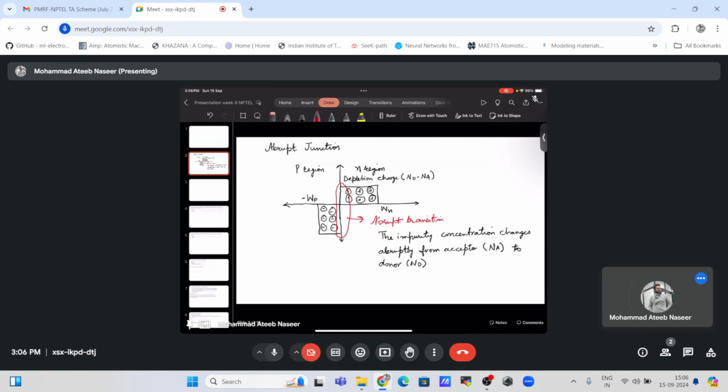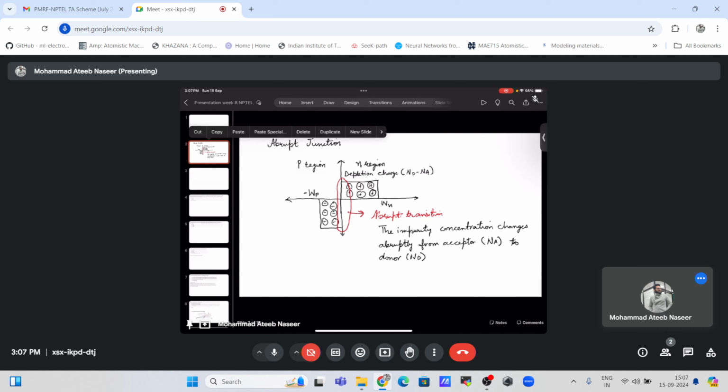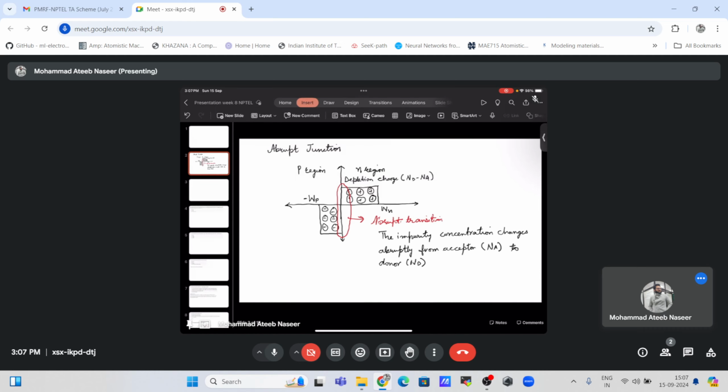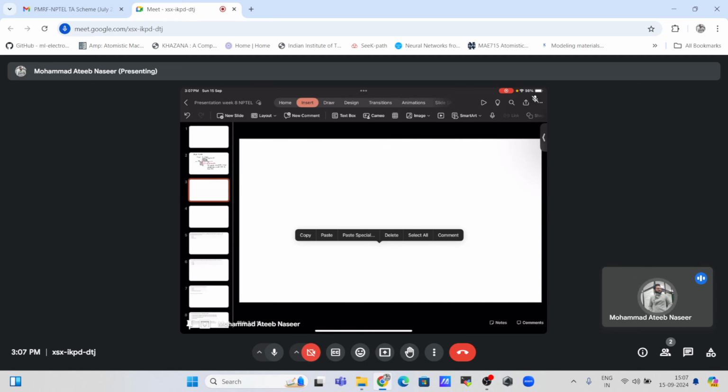Now this is not quite possible in real world scenarios to have such a transition. In practical or real life PN junctions, we would not be having this abrupt kind of a junction.